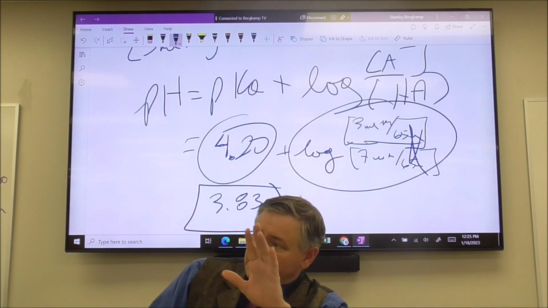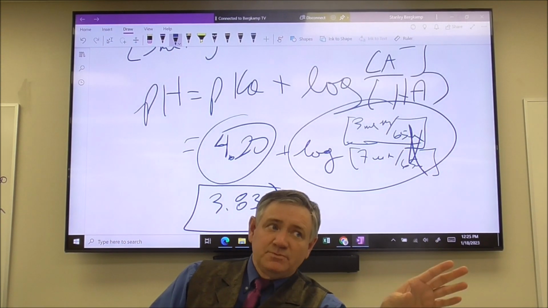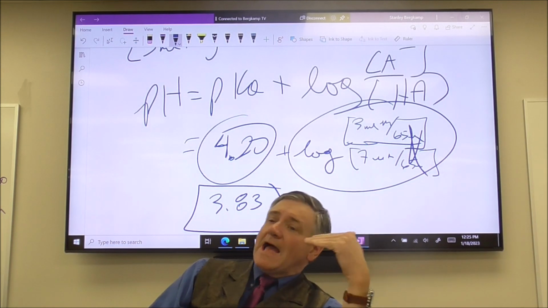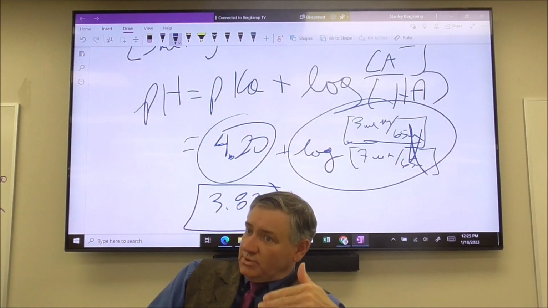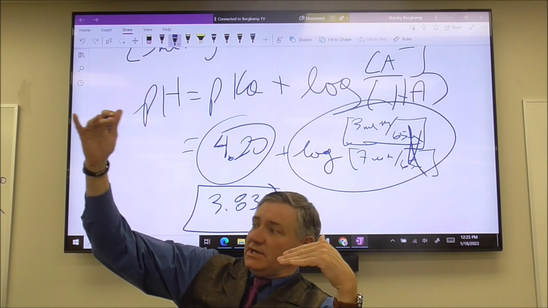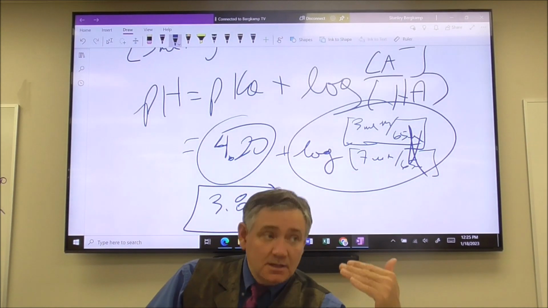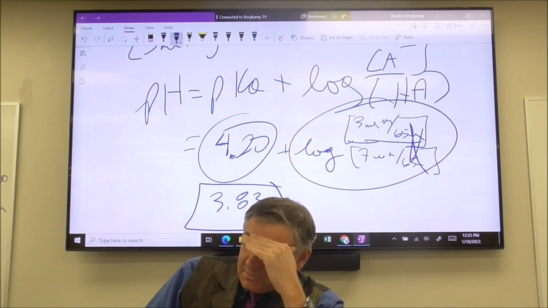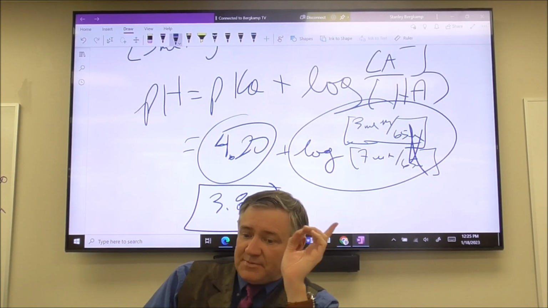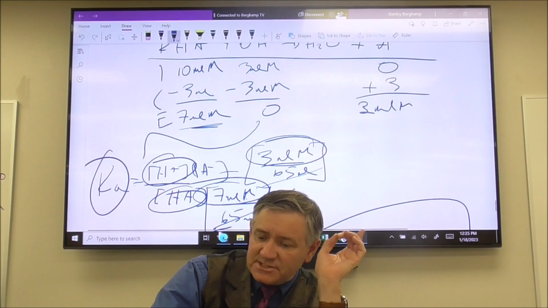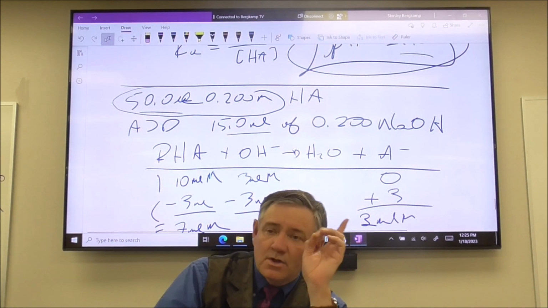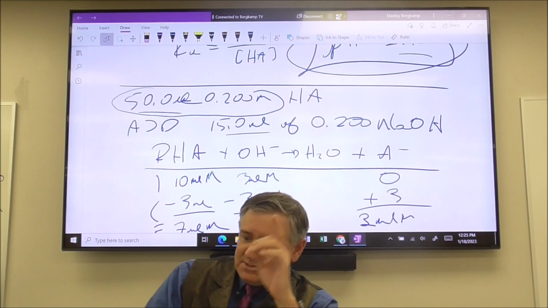Now, this should make sense. Your initial pH when it was just the benzoic acid was 2.54. We've added some base to it. pH has gone up, okay? Because what's happening, and again, on a molecular level, you have to understand what's happening. As this reaction is taking place, there are 2 things that are changing.